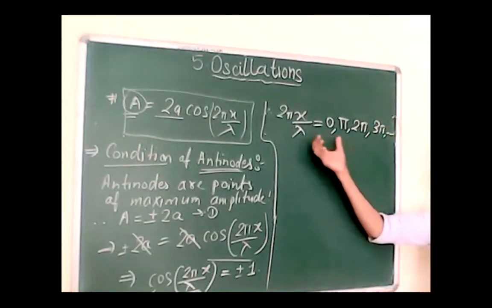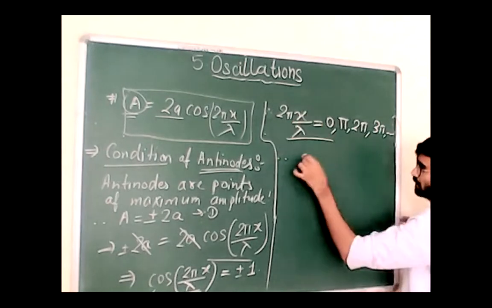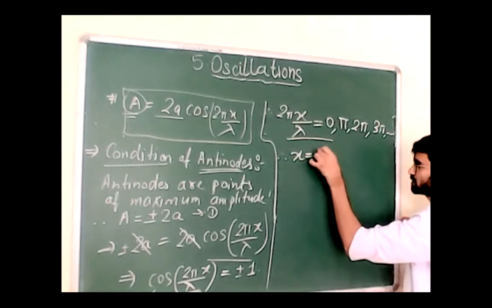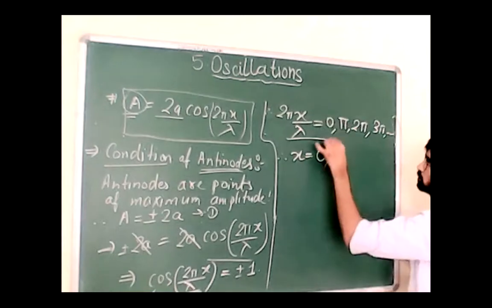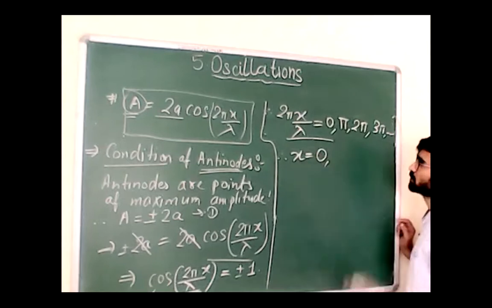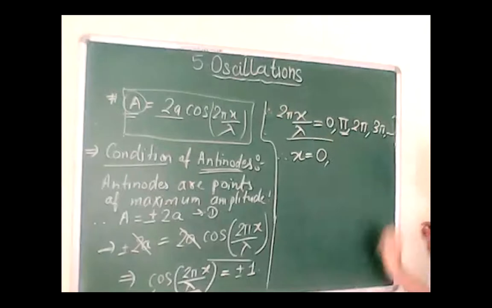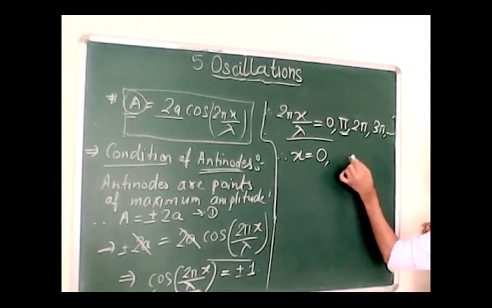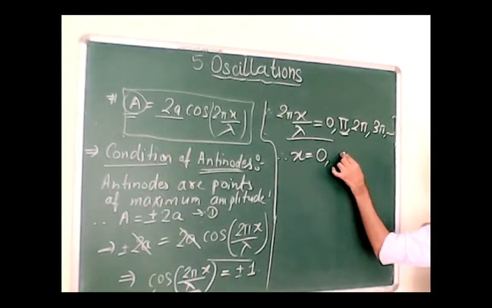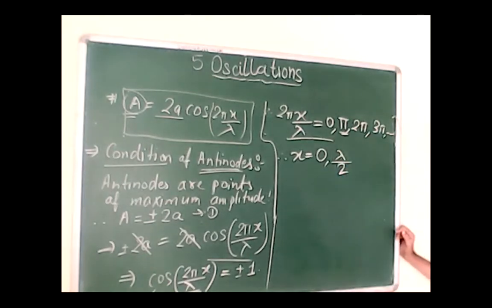So when you start comparing these two, you will find that the value of x will come out to be 0. Similarly, if you compare π with this term, then you can write the value of x as λ/2.